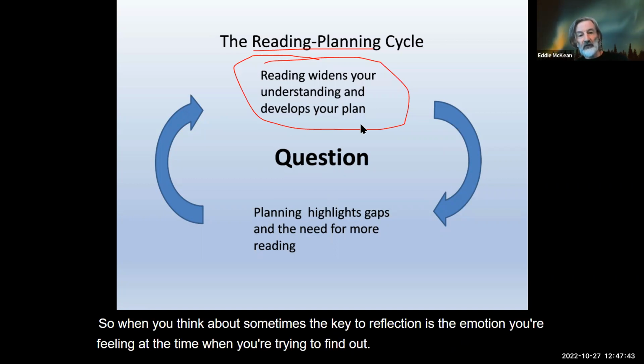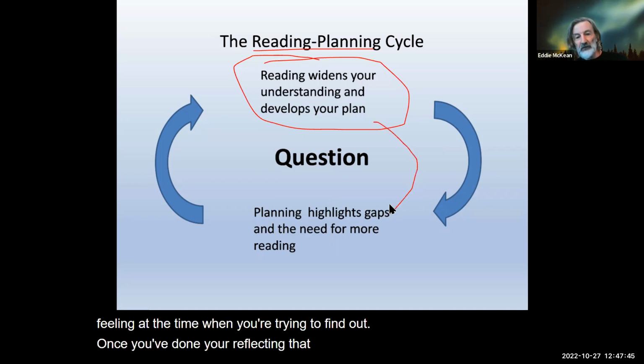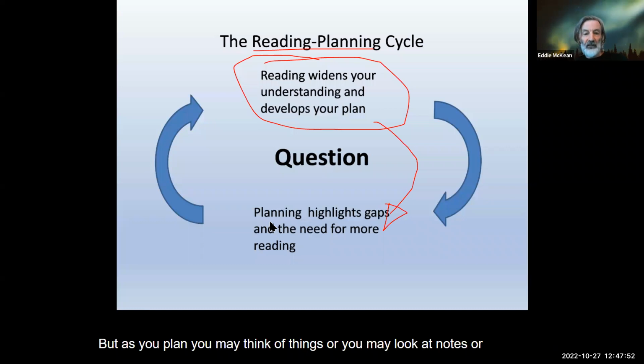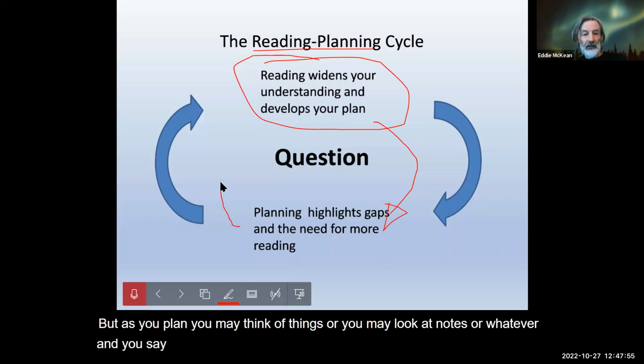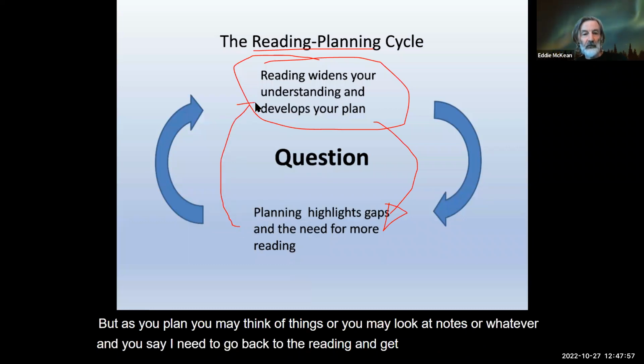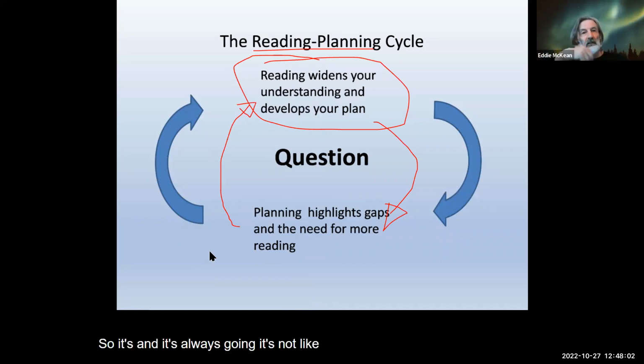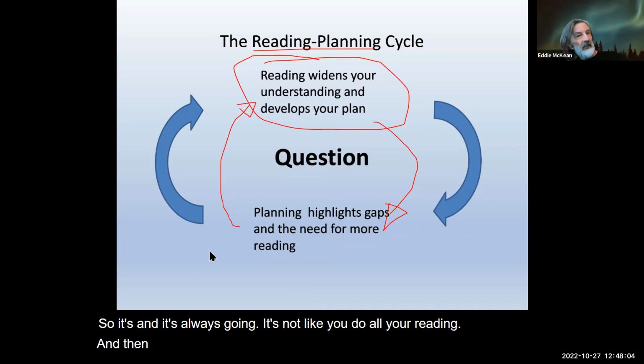Anyway, once you've done your reflecting, then you start to have your plan. But as you plan, you may think of things, or look at notes, and say, I need to go back to the reading and get some more info. So it's always going. It's not like you do all your reading and then you plan and then that's you.